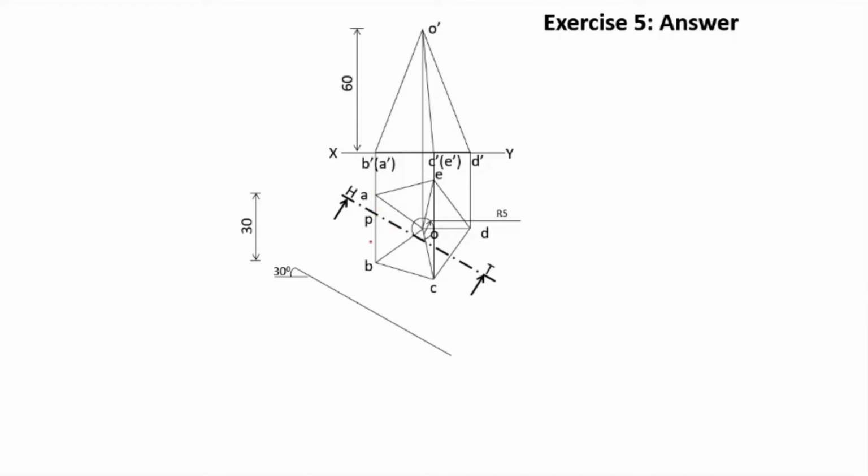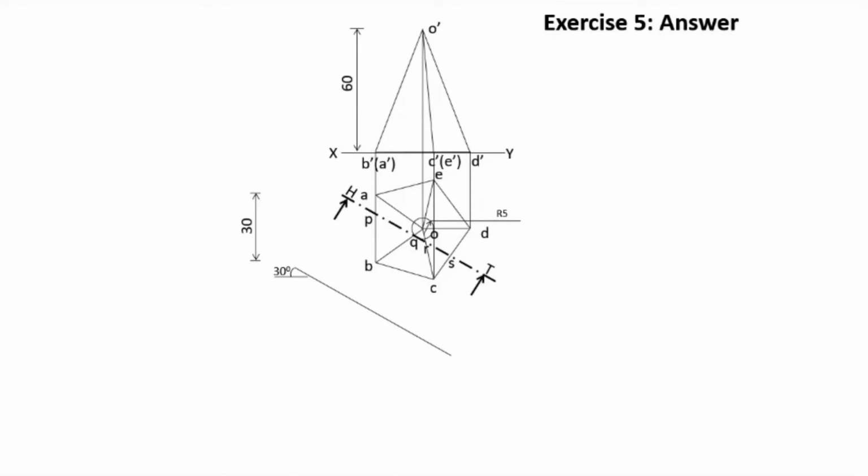One is the edge AB, at point P. Then it intersects with the edge OB, that is the point Q. Then the section plane intersects with the edge OC, that is the point R. Finally it intersects with the edge CD also, at point S. So P, Q, R and S are marked in the top view.